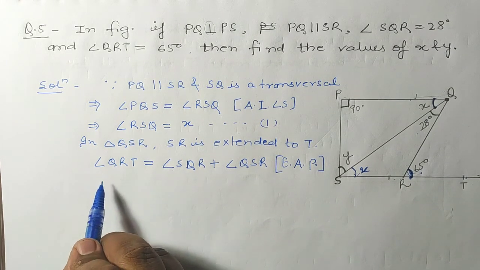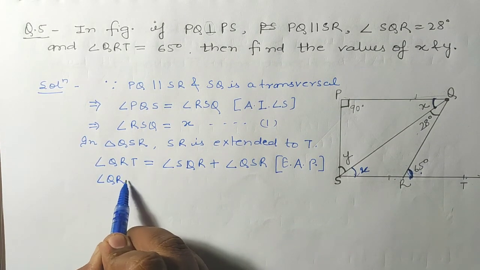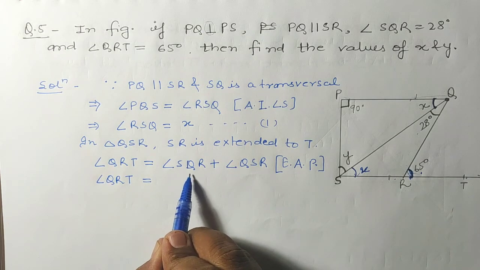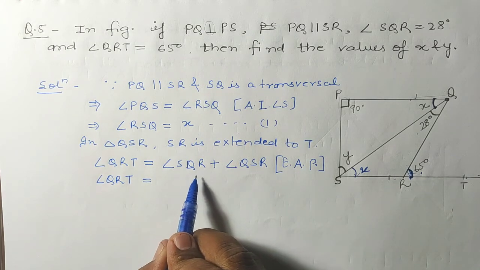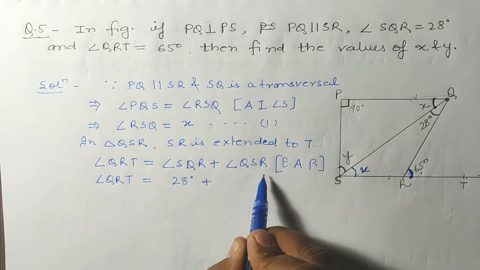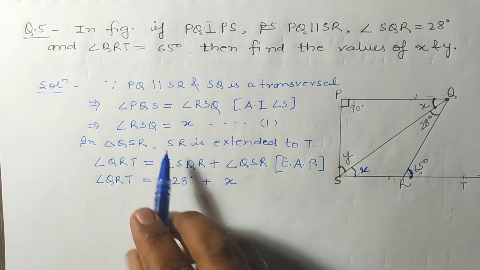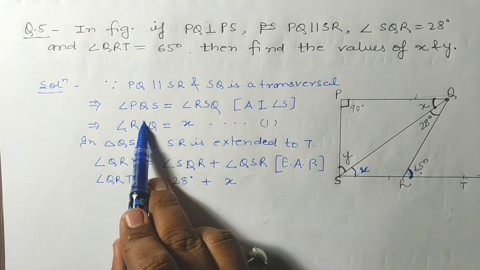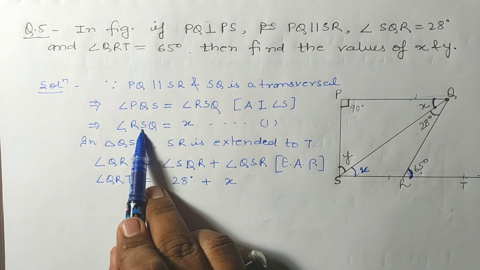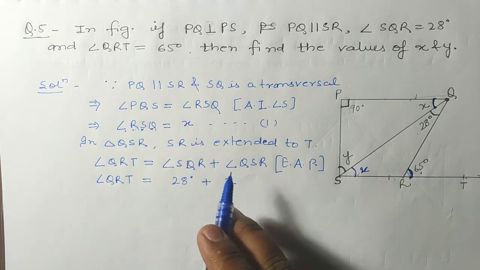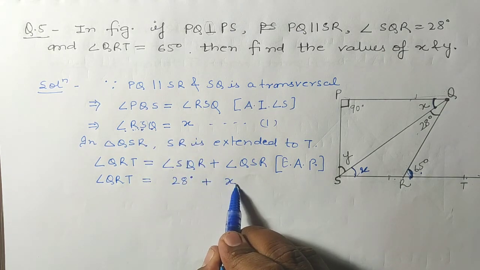Okay students, now see, angle QRT will be what? This is SQR, and SQR is 28 degree, and QSR is X, as we have seen. QSR or RSQ is X, so we have written X here.